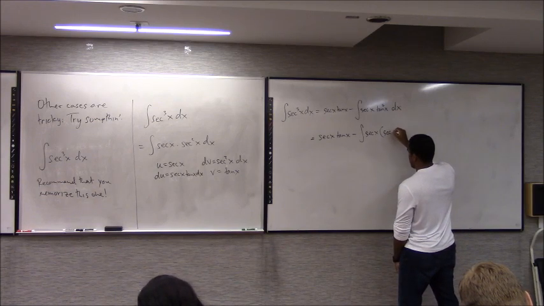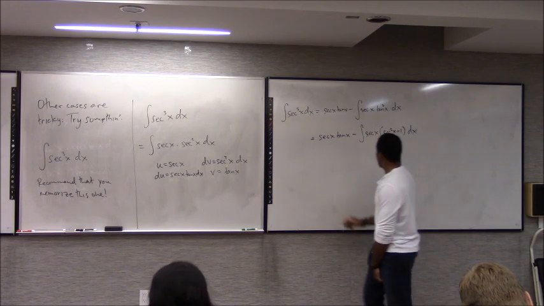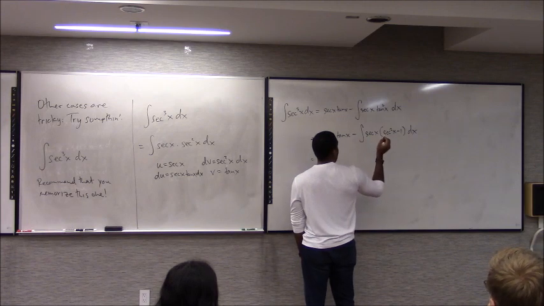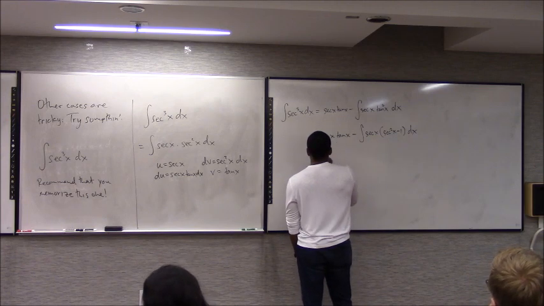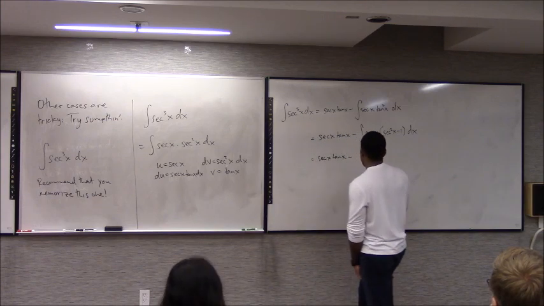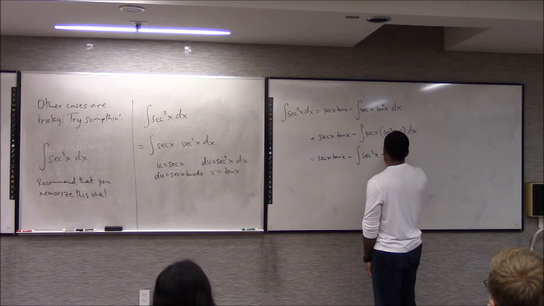It's going to be secant squared minus 1. What can I do with that? If I multiply this out, this is going to be secant cubed x minus secant.